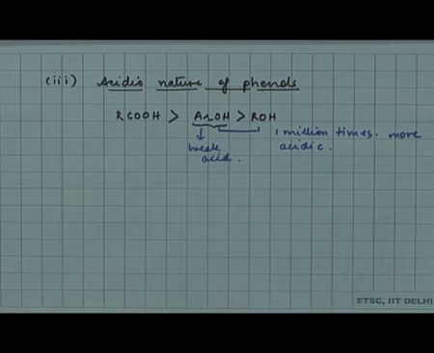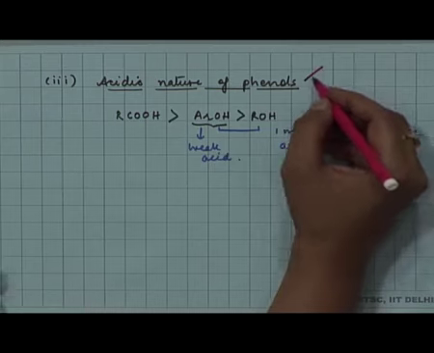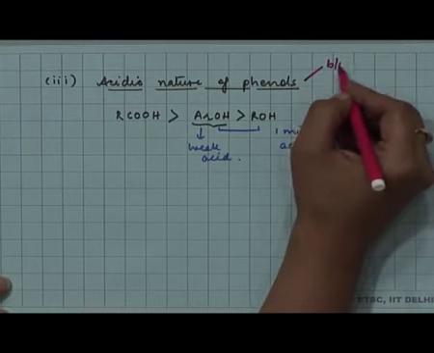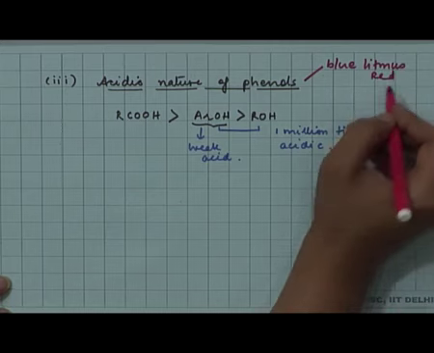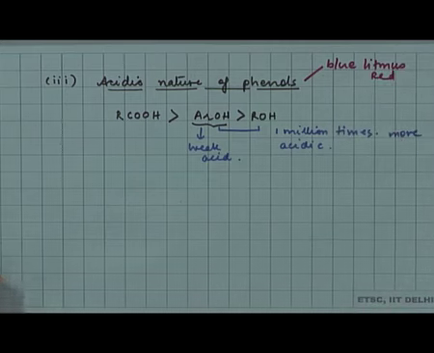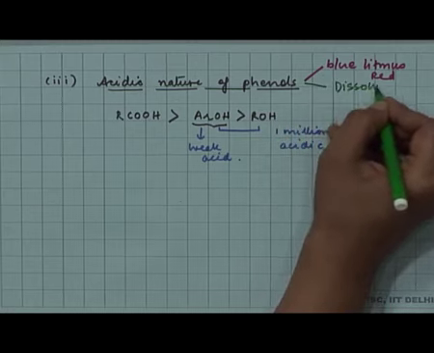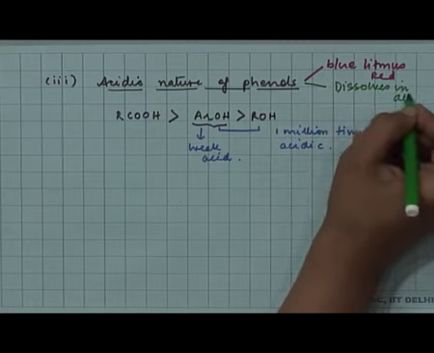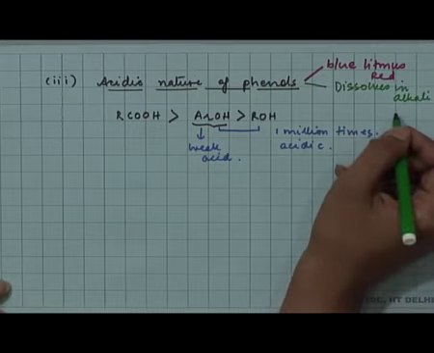Because of the acidic nature of phenols, what are the different things it does which are not given by an alcohol? One, it turns blue litmus red. Second, it dissolves in alkali completely because you get the corresponding sodium phenoxide.